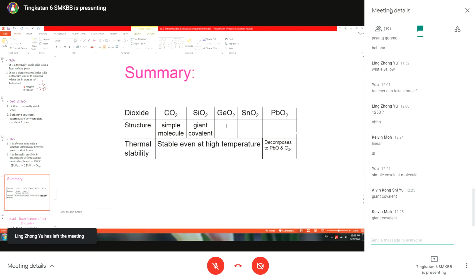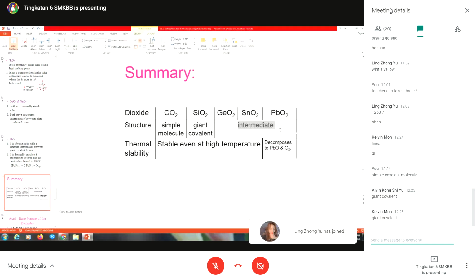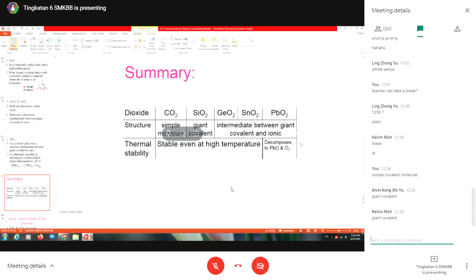Not really giant covalent. I think these three will have quite similar answers: intermediate between giant covalent and ionic. In fact, they are more towards ionic compound. Now it's giant covalent, and giant ionic.